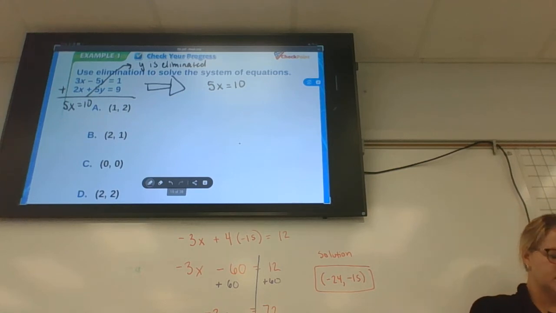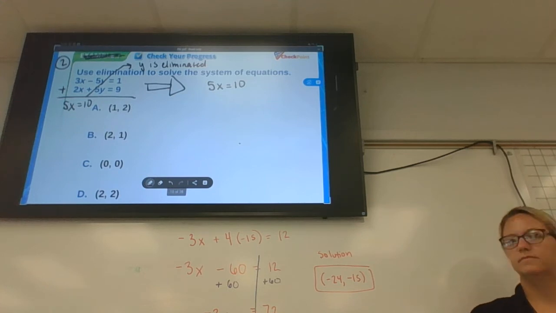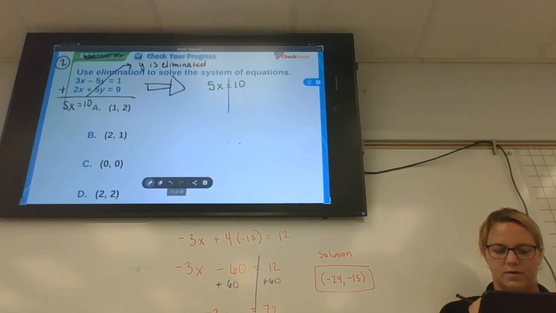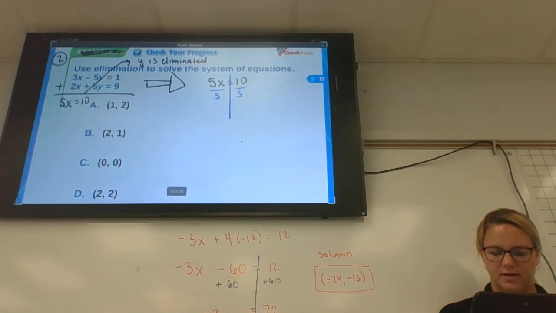This is number 2. So this time, when you add down, the y's are eliminated. To solve for x, we divide by 5, and we get x equals 2.